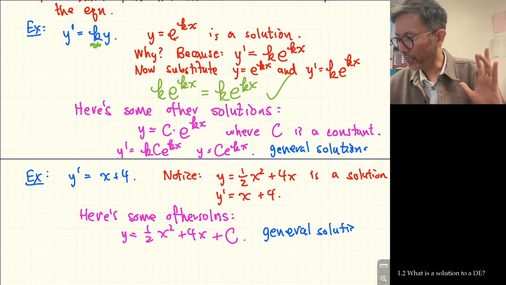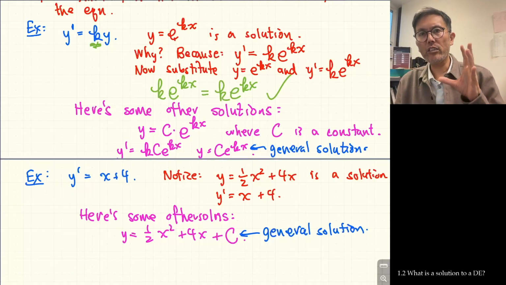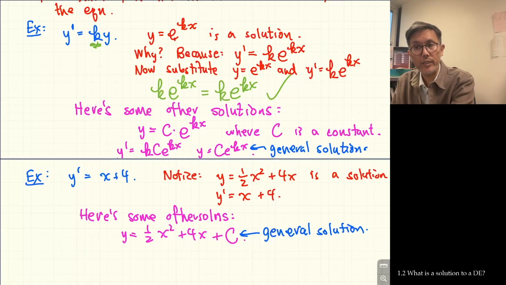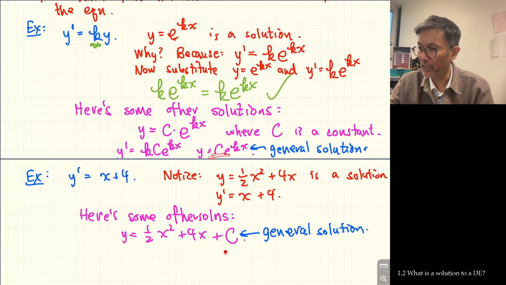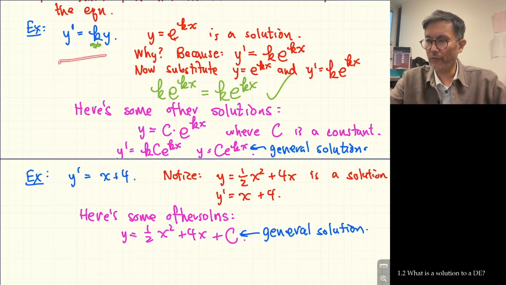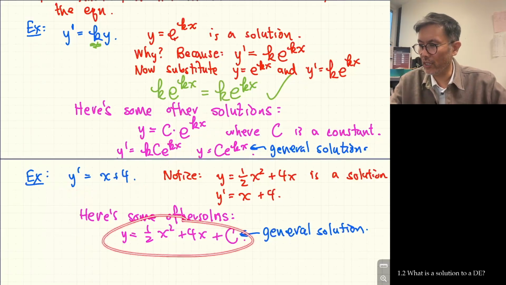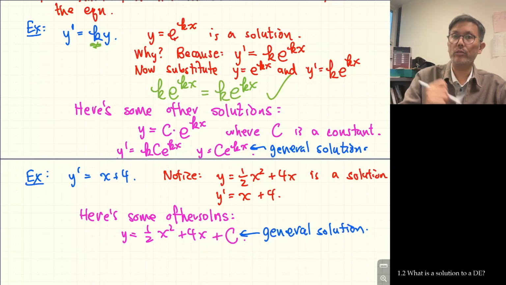And I haven't justified that, in fact, not only are these infinite families of solutions, for each choice of c, here and here, you get a solution to the differential equation. Not only is that the case, but in fact, every solution to this differential equation is given by something of this form. And every solution to this differential equation is given by something of this form. That's the sense in which this is a general solution.